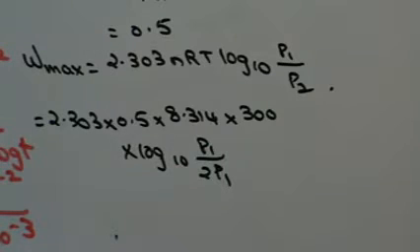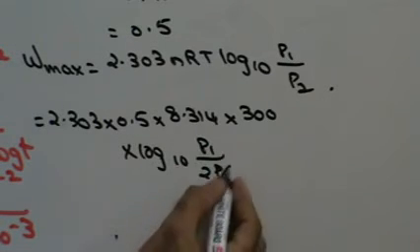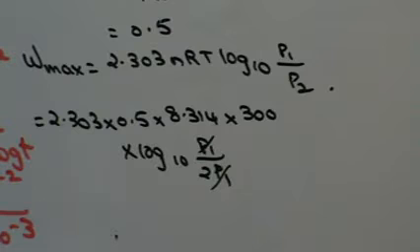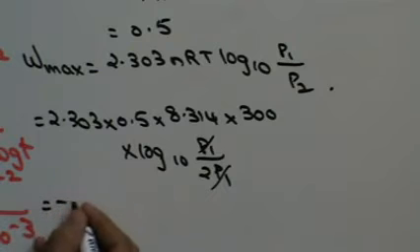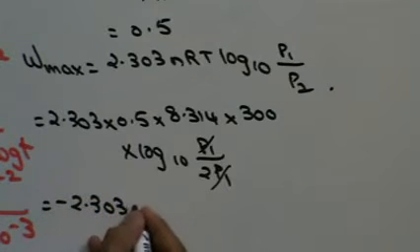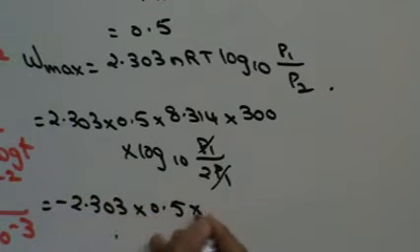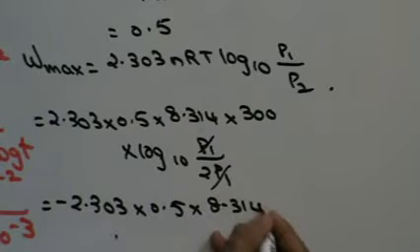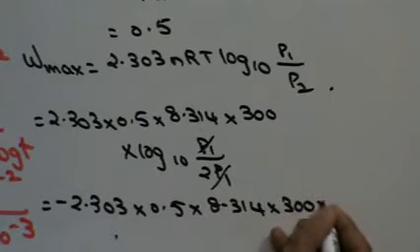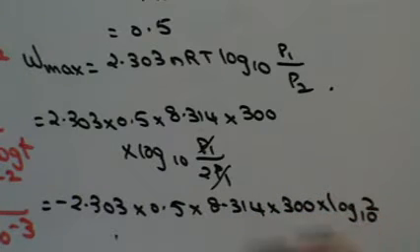Now this can be written as P1 and P1 gets cancelled. I have 2 in the denominator. To bring 2 in the numerator, if I have to reciprocate, I have to take a negative sign. So this will be minus 2.303 into 0.5 into 8.314 into 300 into log 2 to the base 10. But we know the value of log 2 to the base 10 as 0.3010.